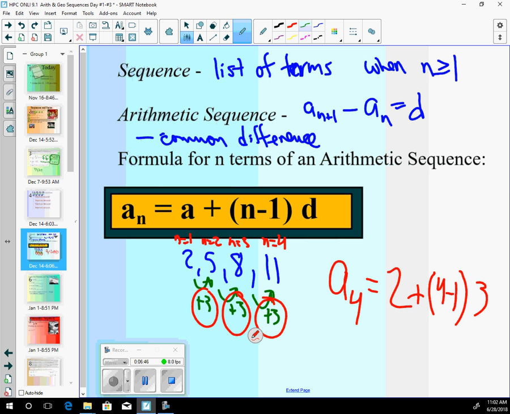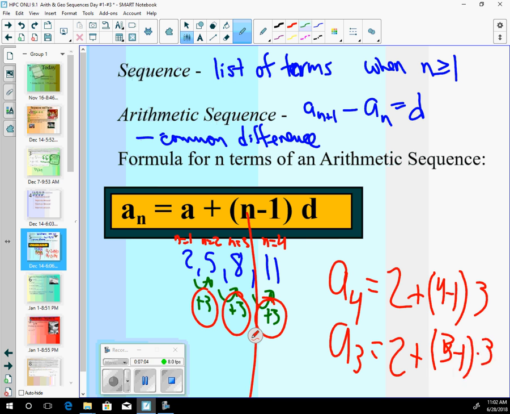Now, let's say we wanted the third term. We're going to start with 2, and then to get to here, you're going to add 3 minus 1 of the 3s.